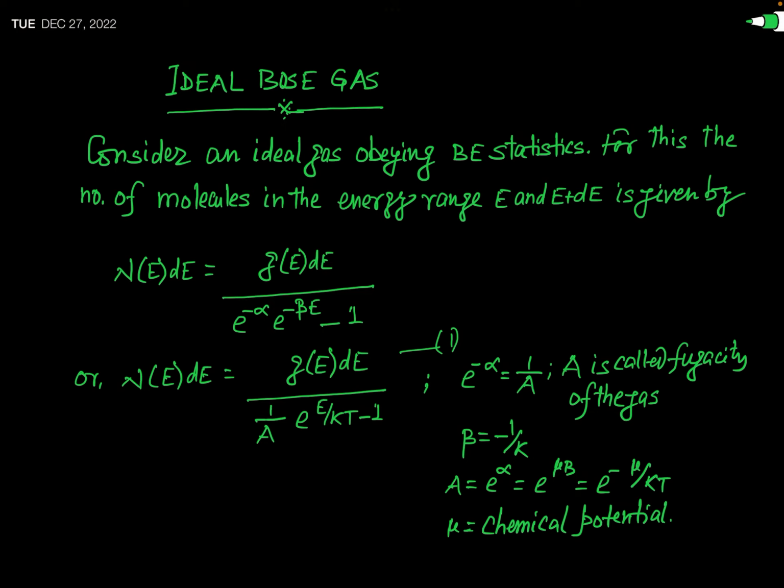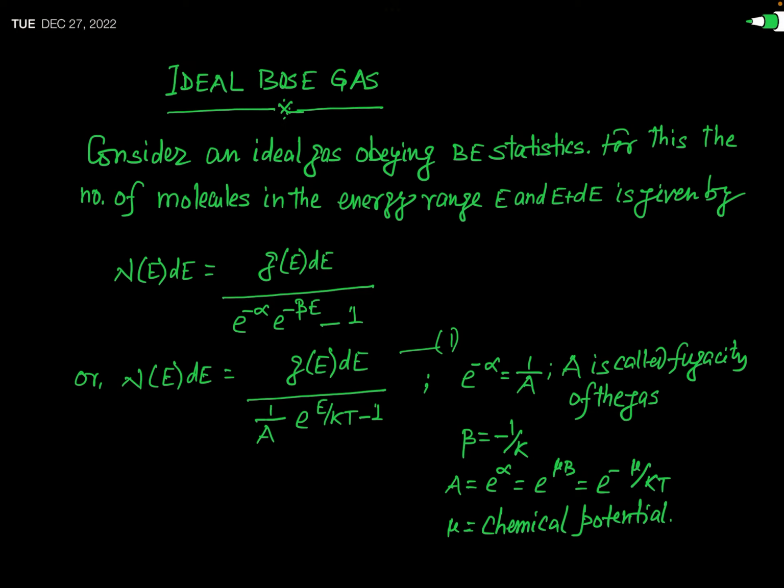Actually, you will see that the expression for energy and the equation of state for ideal Bose gas differs from the equation of state of an ideal gas which obeys Maxwell-Boltzmann statistics. Because you know that a Bose gas is a quantum system while the ideal gas obeying the Maxwell-Boltzmann statistics is a classical system.